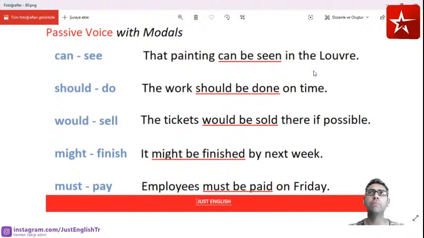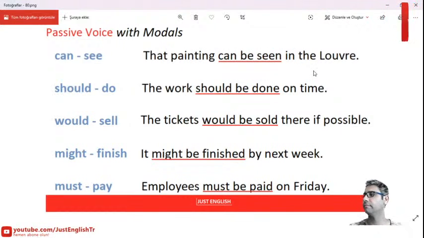So must is a kind of compulsory, that it has to be done, like it's a duty, an obligation. Must be, it's an act, passive. Might is about the future, that something might be happening in the future, like it's a possibility in the future.